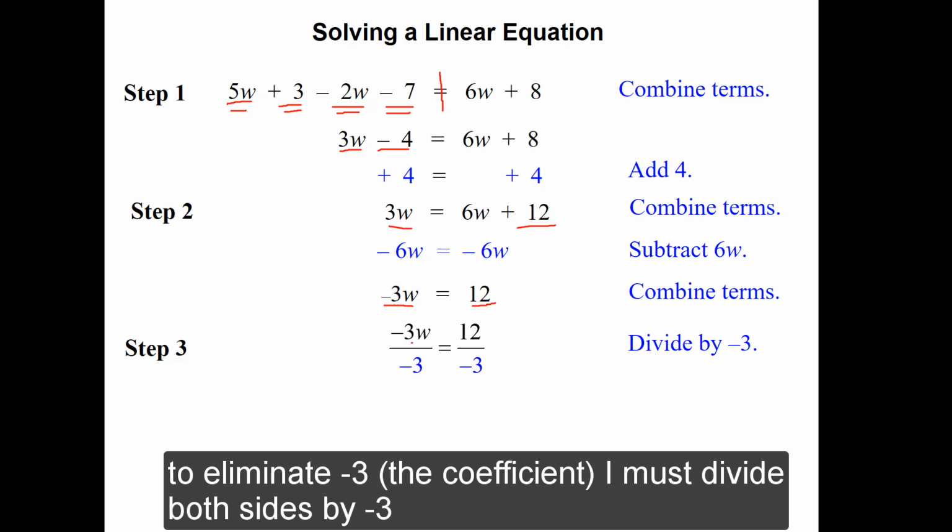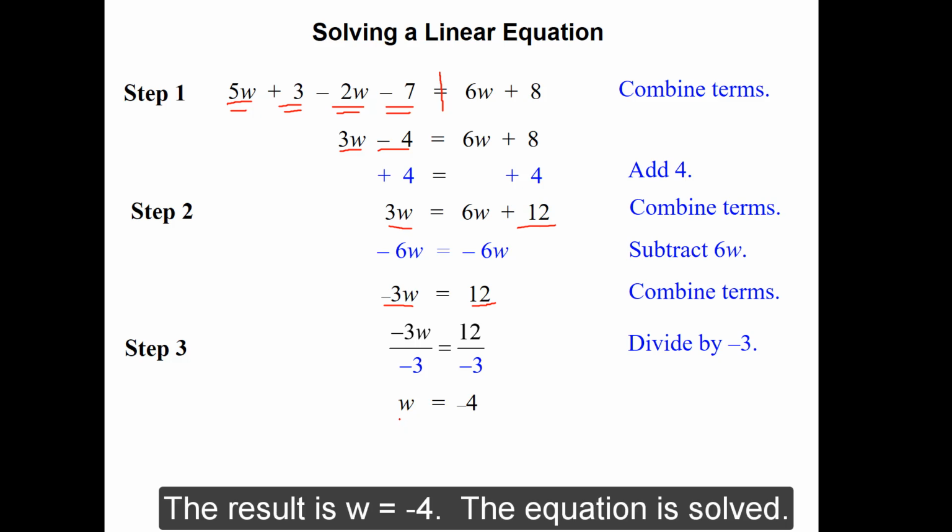So to eliminate the -3, which is the coefficient of the w, I will divide by -3. I must do it to both sides, and when I finish doing the division, the result is I now have the w, or the variable, isolated by itself with a number on the other side, so I have solved the equation.